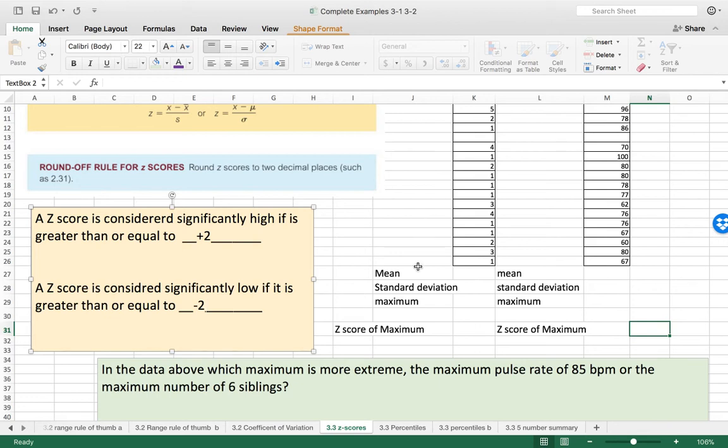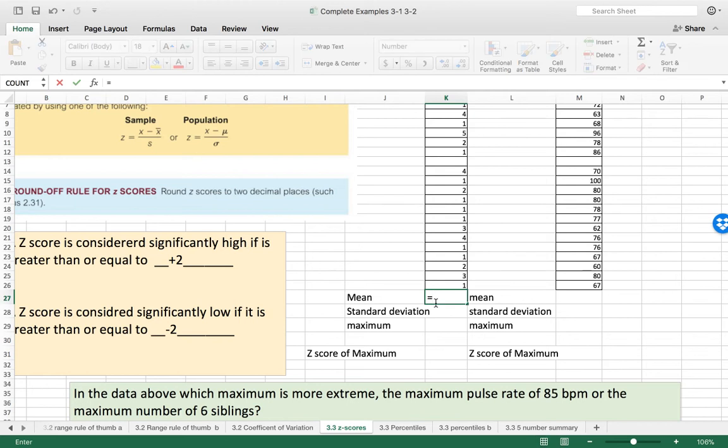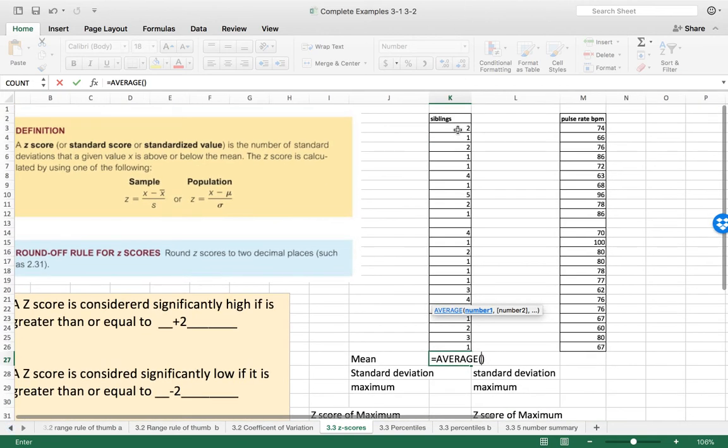So let's find the z-score for the maximum number of siblings. First, we need to find the mean. So we're going to say equals average. We're going to select our data set of siblings.